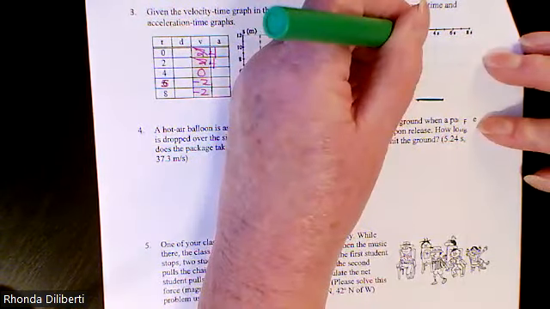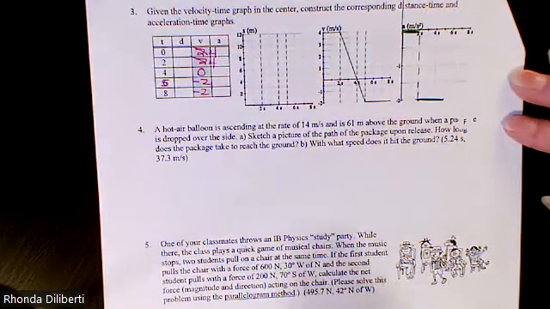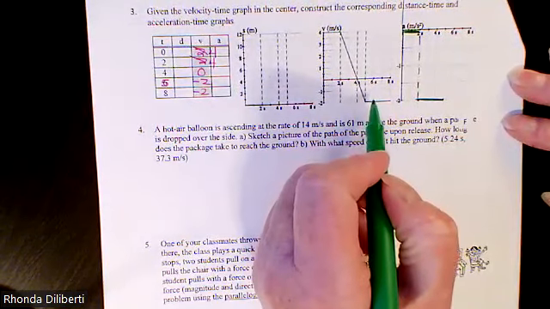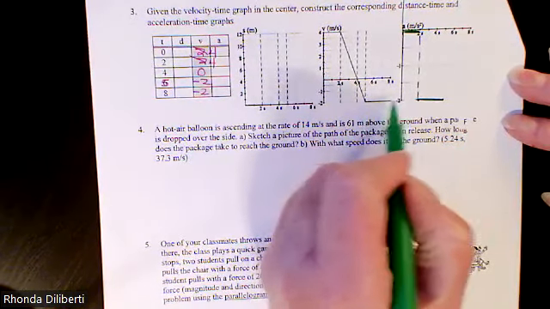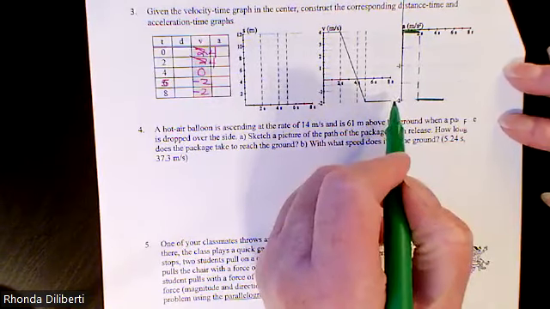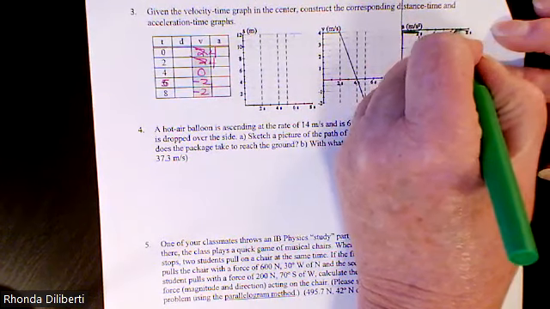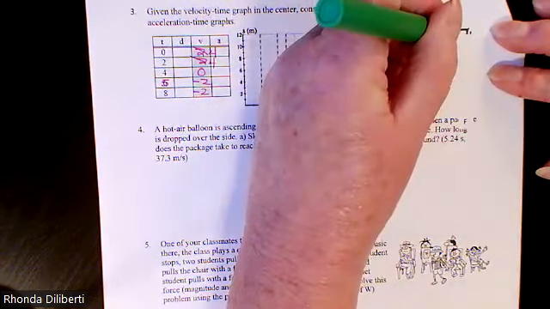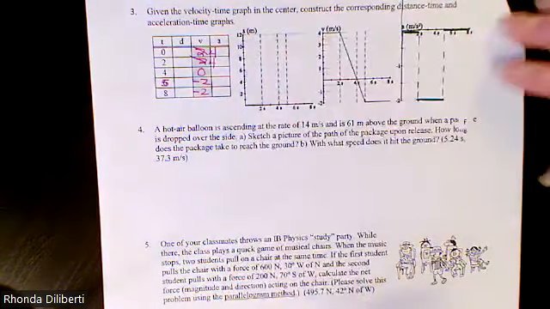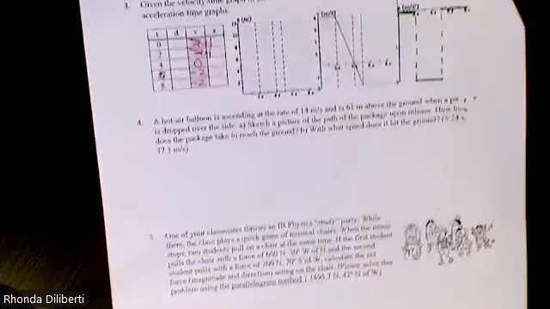And then I can connect this with a dotted line. All right, and then from 5 seconds to 8 seconds, I'm back at a constant velocity again. That means that I'm not accelerating. So from 5 to 8, I need to make this on the 0 line again. And then I can connect this like this. So that's what the acceleration time graph would look like.